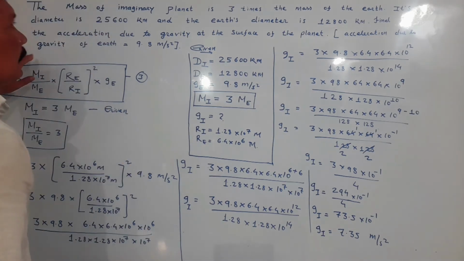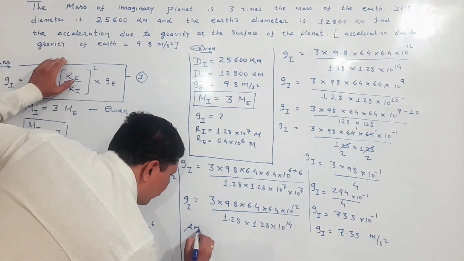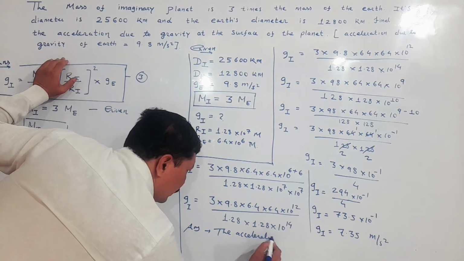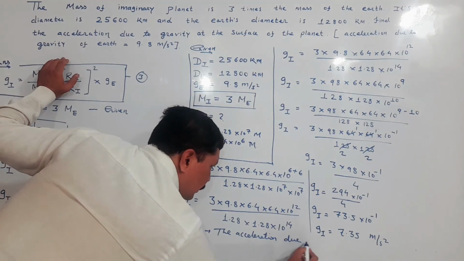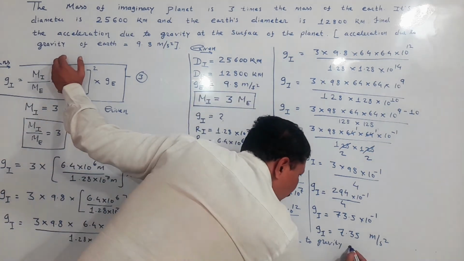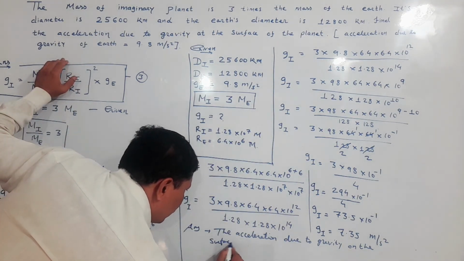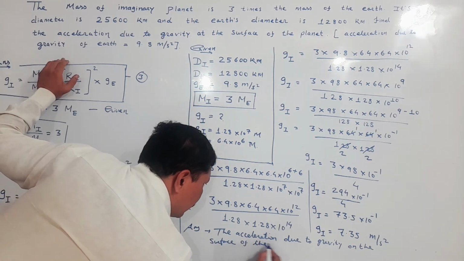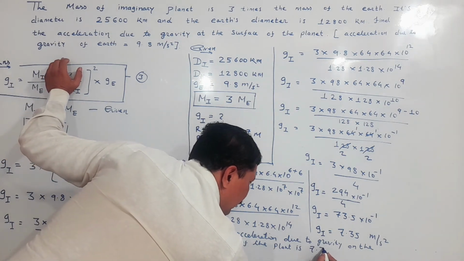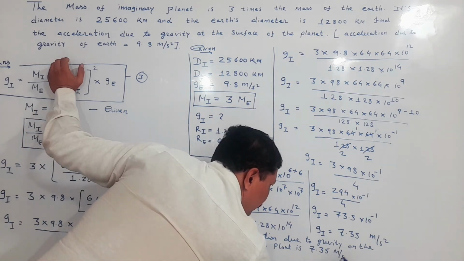So we can write: the acceleration due to gravity on the surface of the planet is 7.35 meter per second square.